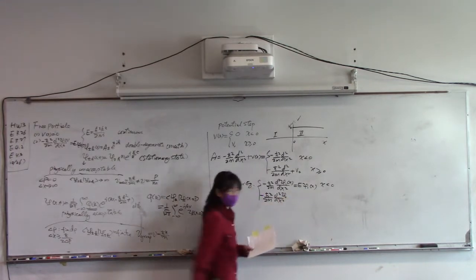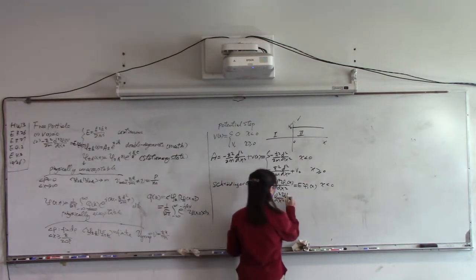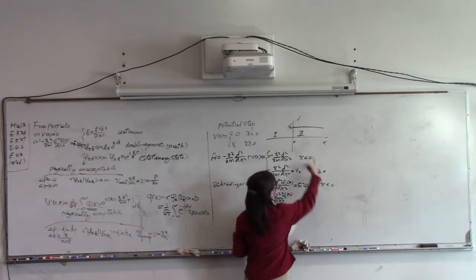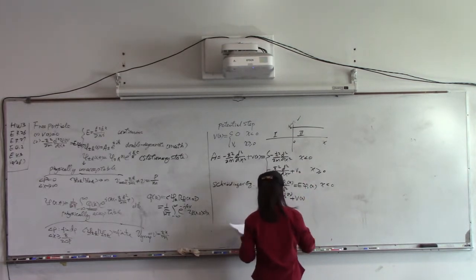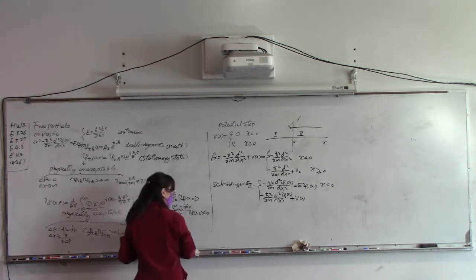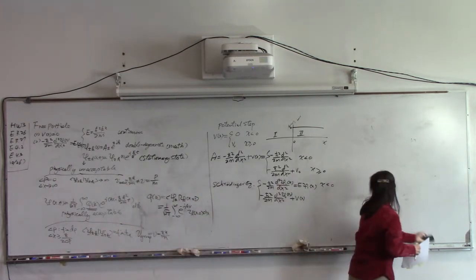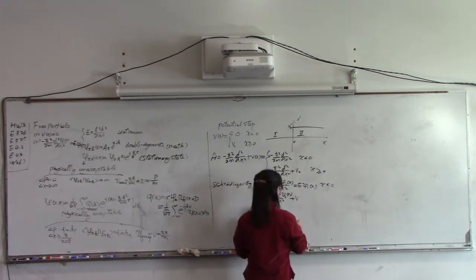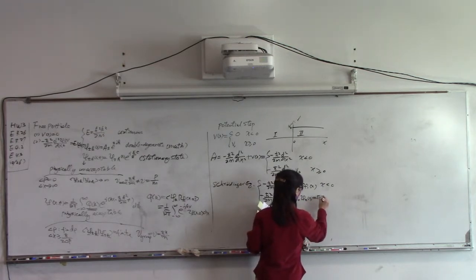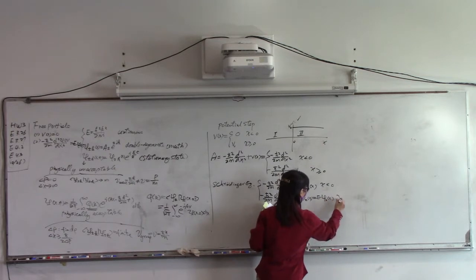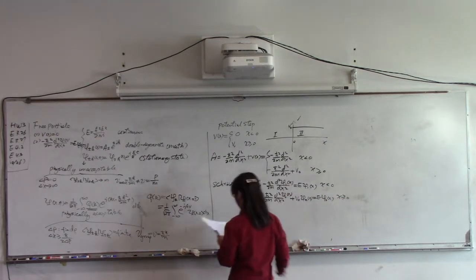I'm going to use psi 2 as the wave function satisfying that equation in region 2, plus V of x, which is V naught. So V naught psi 2 of x equals E psi 2 of x, for x larger than 0.